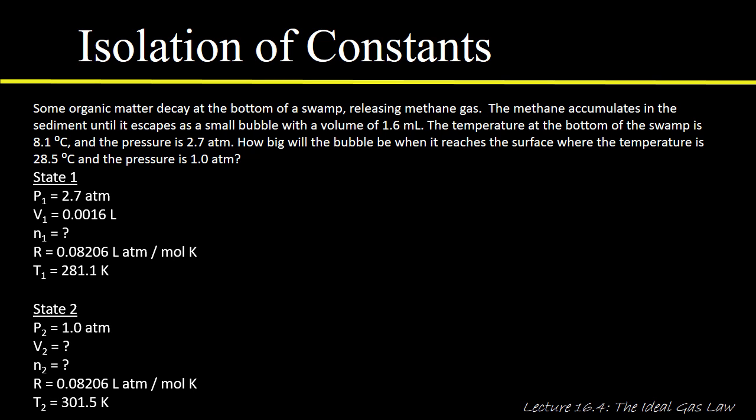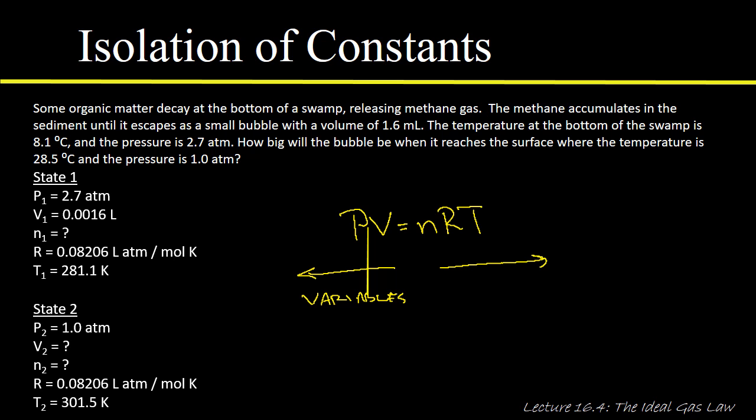And remember that the method of isolation of constants is that we're going to take our equation, in this case the ideal gas equation, PV equals nRT, and we're going to put all of our variables, everything that's changing, on the left side, and all of our constants on the right-hand side.